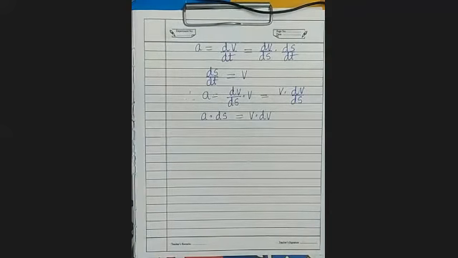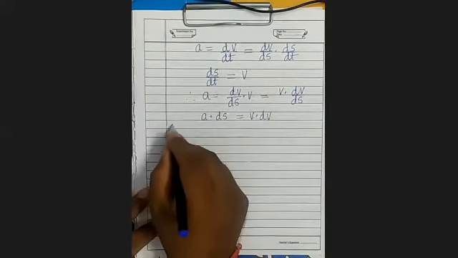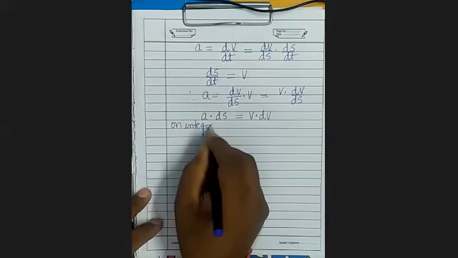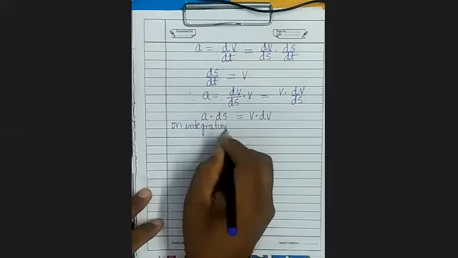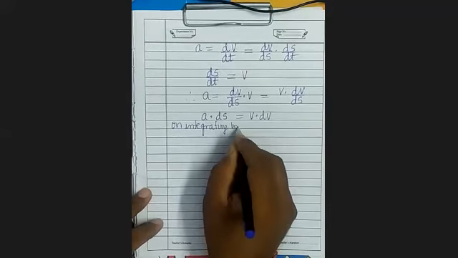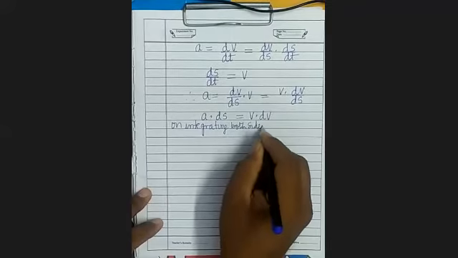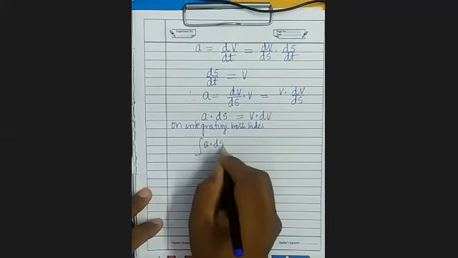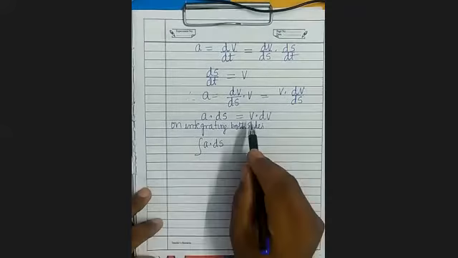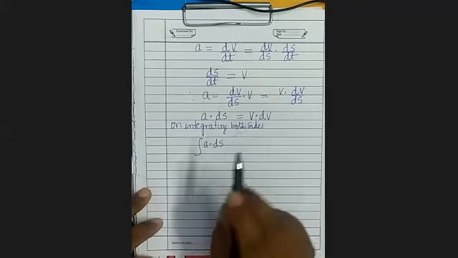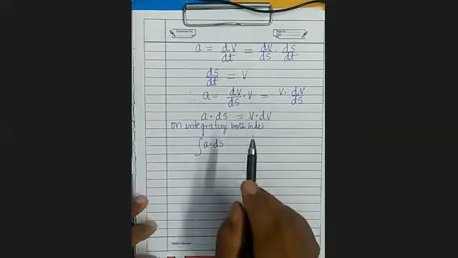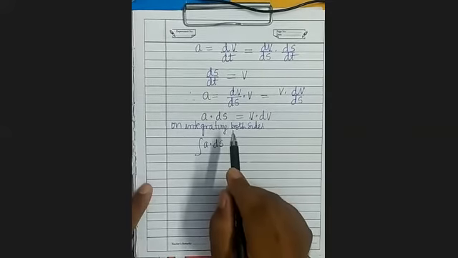Now integrating both the sides. On integrating both sides, it is integral a into ds. Now remember one thing. Here you will not write u plus at in place of v. And why?